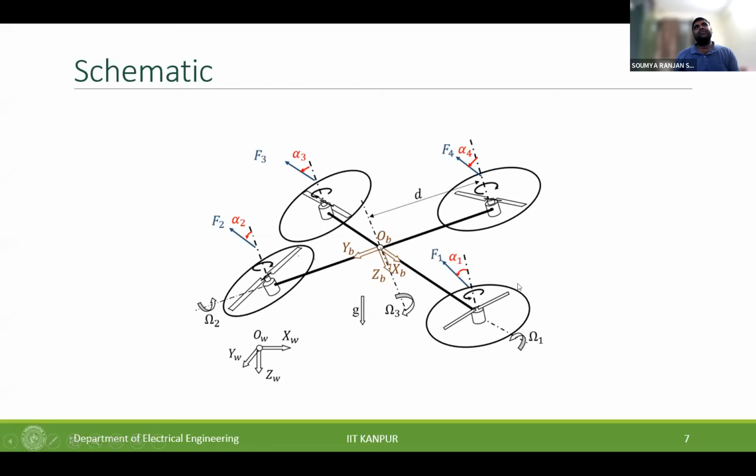As I have labeled, alpha 1 and alpha 3 represent the angles by which the rotors are tilted, and alpha 1 and alpha 3 are always the same. Similarly, alpha 2 and alpha 4, which are diagonally opposite rotors, will always have the same tilting. Because of this coupling, instead of 8 control inputs, we finally come down to 6 control inputs. So we have 6 control inputs and 6 states to control, which means it is a fully actuated system that is being simulated. Hence, the position and attitude decoupling can still be done.